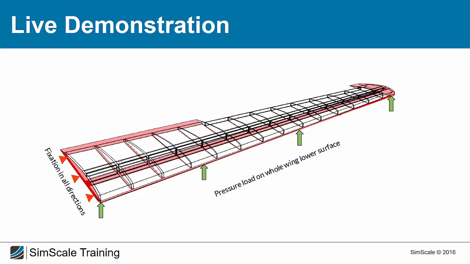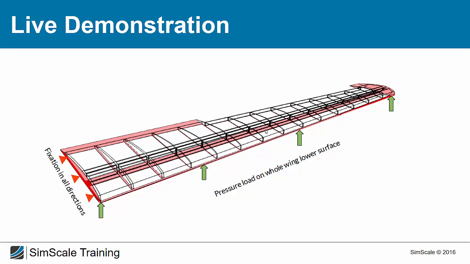It is made of several ribs which are connected with stringers, and we will only investigate this internal structure without the skin. What we'll do exactly is we will fix one side in all directions, the side which is later connected to the body of the aircraft, and then put a pressure load on the lower surface of the wing.